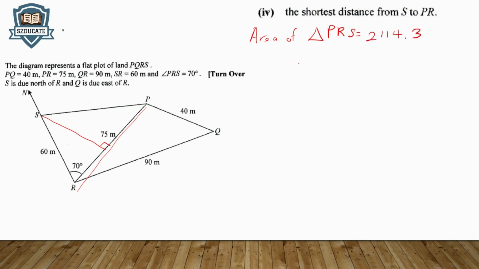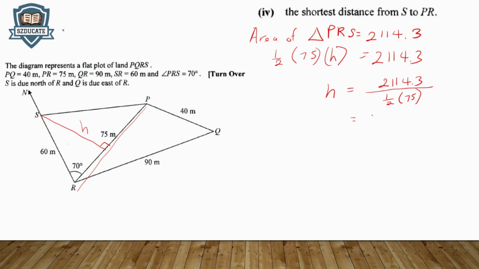That is 2114.3. And if I want to use my half base times height formula, it's going to be half times base, which is 75, times the height. Let's call it H. And this will give you 2114.3. That means your H is equal to 2114.3 over half times 75.